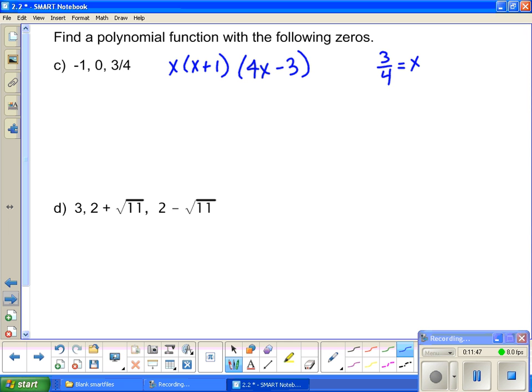Okay, so I'm going to multiply both sides by 4. We get 3 equals 4x. Now subtract 3 from both sides, and I would get 0 equals 4x minus 3. Okay. Now, let's go ahead and multiply this through. So that's x squared plus x.